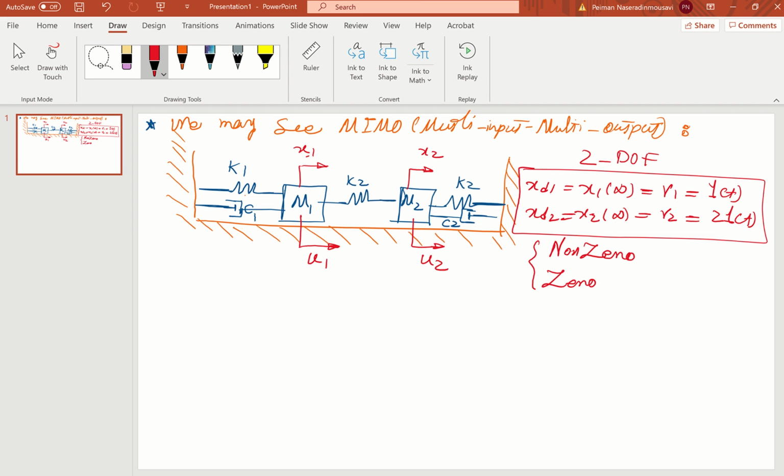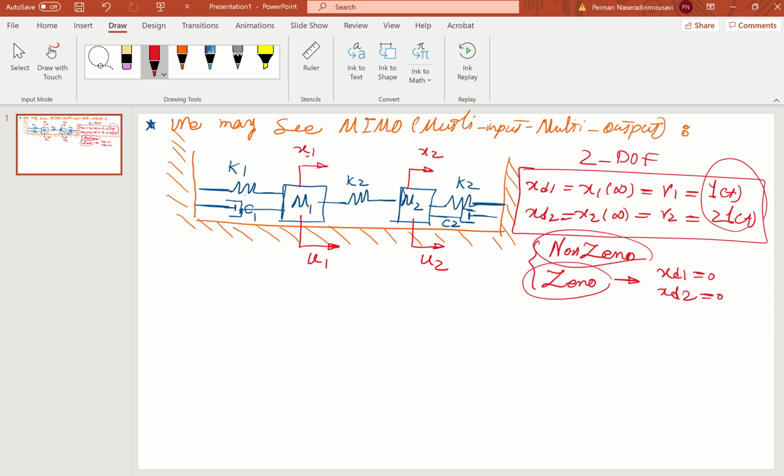Okay, clear? So now I'm asking you to design a state feedback control law that works for both the non-zero case, and the 0 case, which means xd1, if I release from a non-zero initial condition, and xd2 go back to 0.